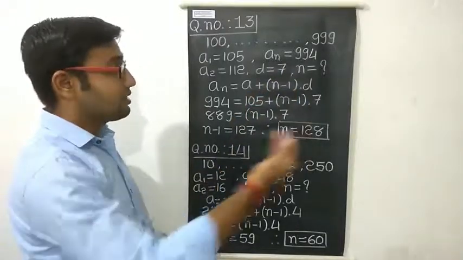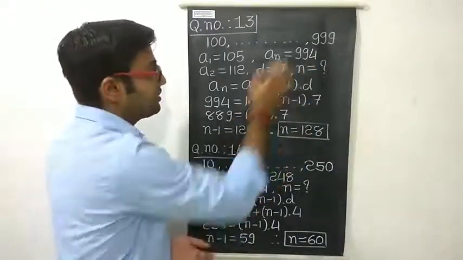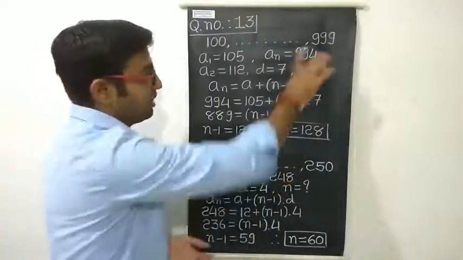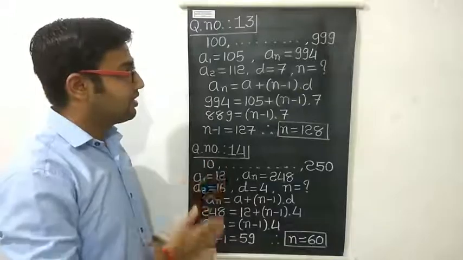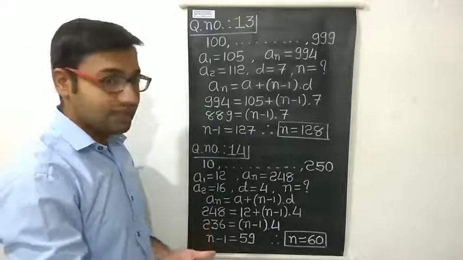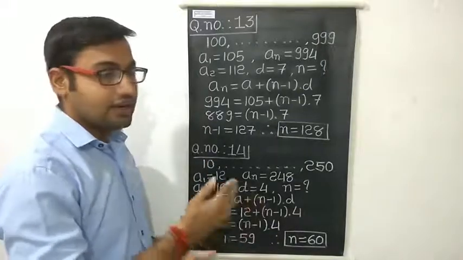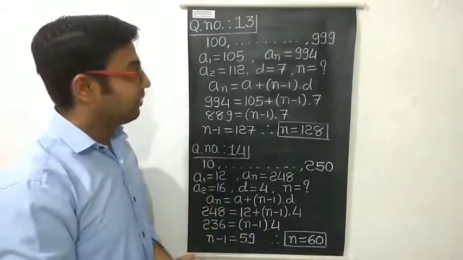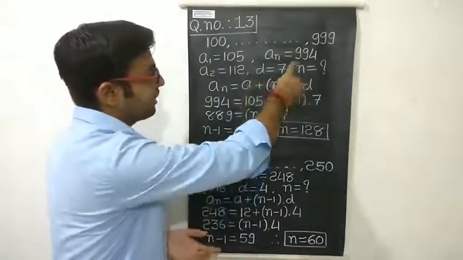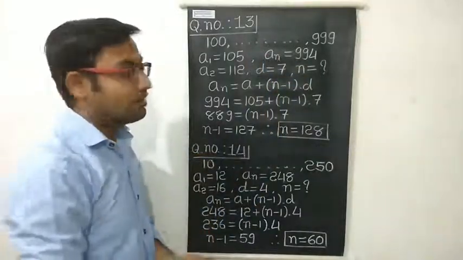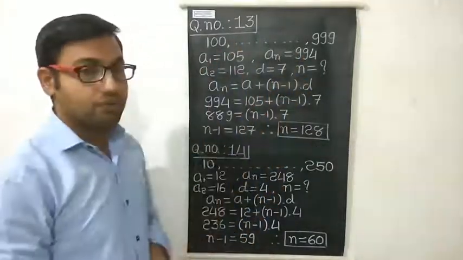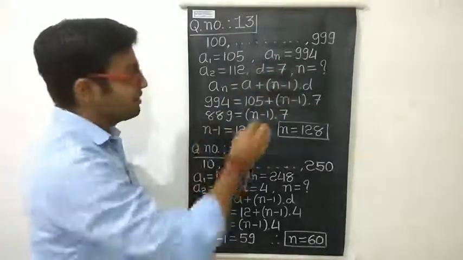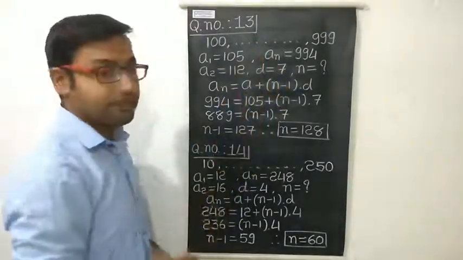Okay, and the last term we get is 994, which is divisible by 7, because 999, 998, 997, 996 and 995 are all not divisible by 7. So the last term that we get which is divisible by 7 is 994. Now we have the value of that term, and let us call it an.